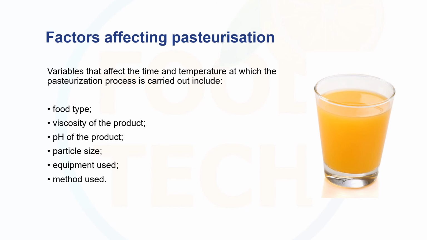The factors affecting pasteurization. Variables that affect the time and temperature at which the pasteurization process is carried out include the food type, the size and shape of the food, the viscosity of products, liquid or solid, and pH, high acid or low acid food. The equipment used, high efficiency or low efficiency, also matters, as do the methods used, low temperature long time or high temperature short time pasteurization.